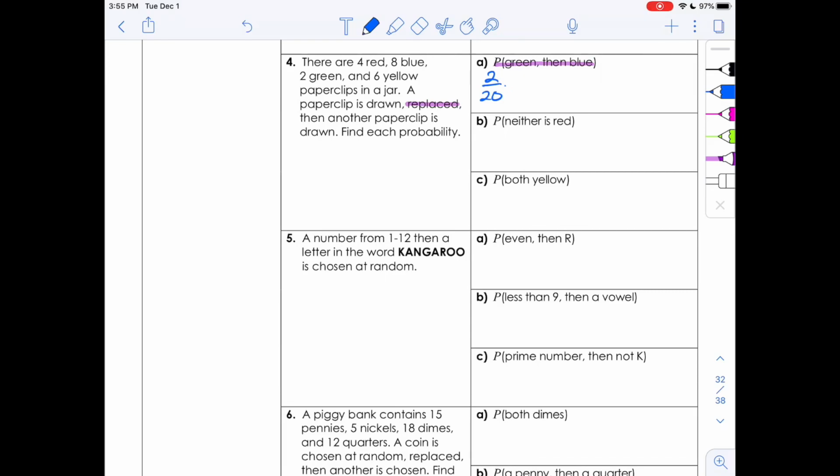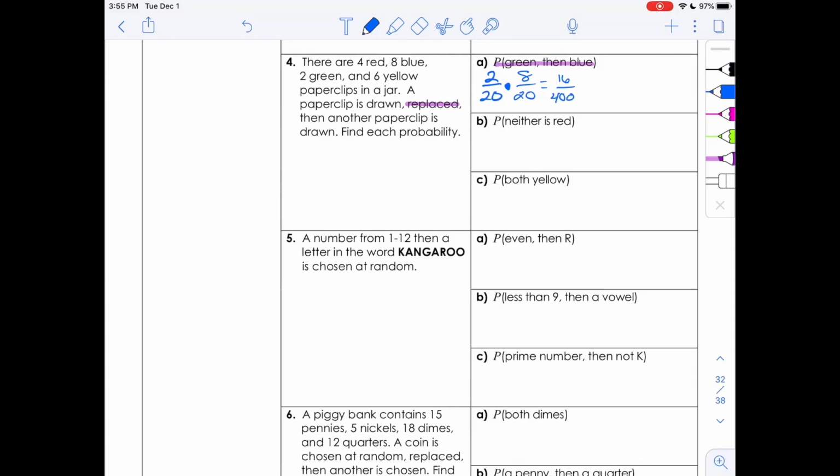So the probability of pulling out a green one is 2 out of 20 times the probability of pulling out a blue one. There's 8 blue paper clips out of still a total of 20. So 2 times 8 is 16, and 20 times 20 is 400.